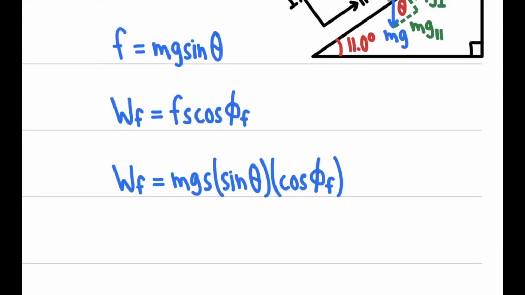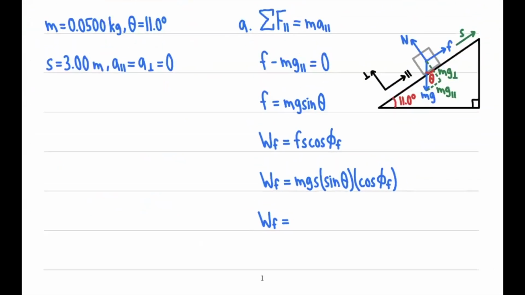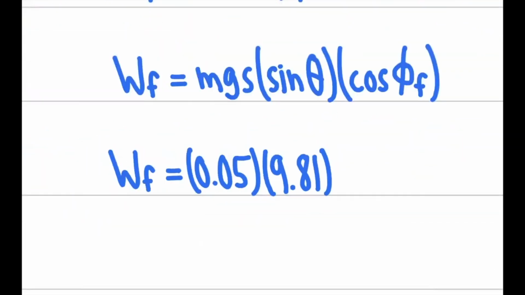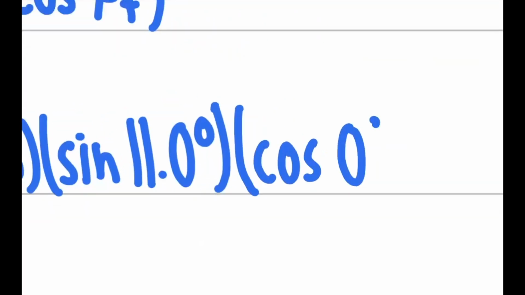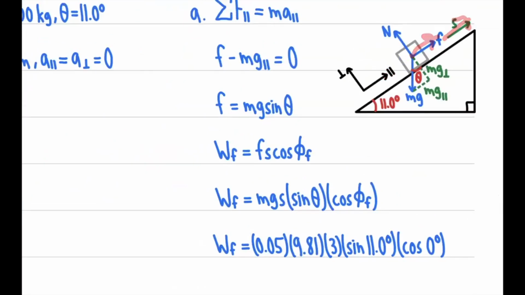So now let's plug everything in. I'll omit the units. So m is 0.05, g is 9.81, s is 3, theta is 11 degrees, and phi f, we said earlier, is 0 degrees because the angle between f and s is 0 degrees.